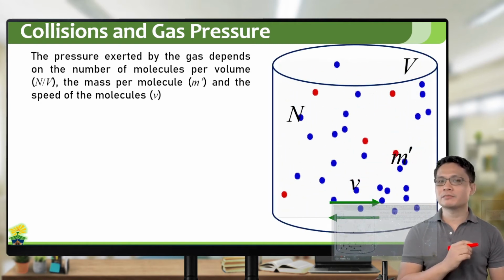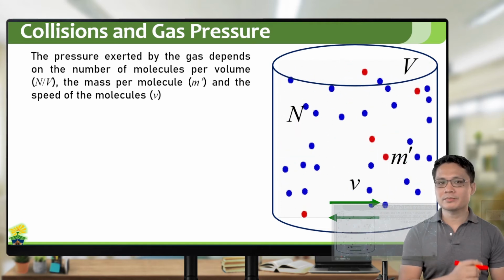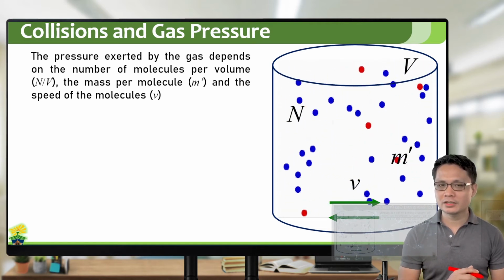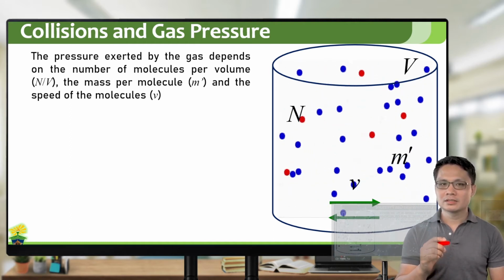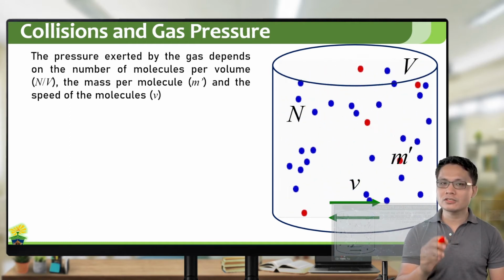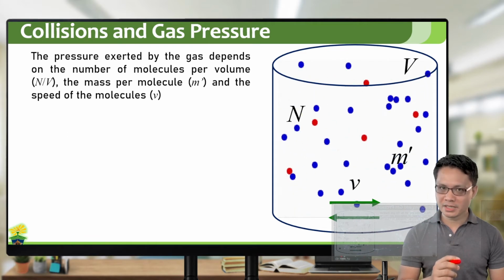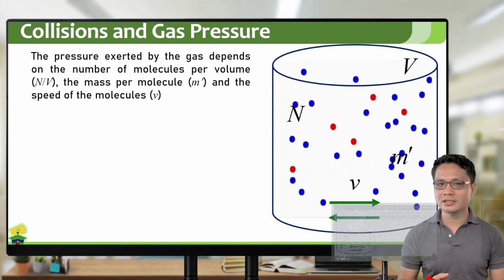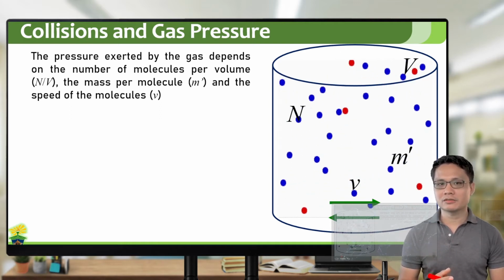Taking from the concept of energy, for the kinetic energy, if we assume a constant amount of mass, the only factor that could change the amount of the kinetic energy is the velocity of the particles.